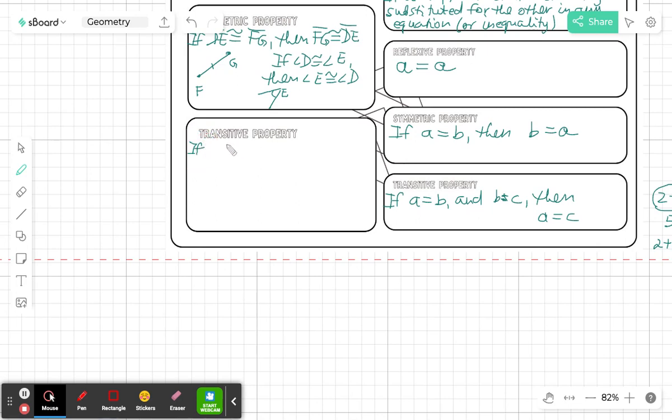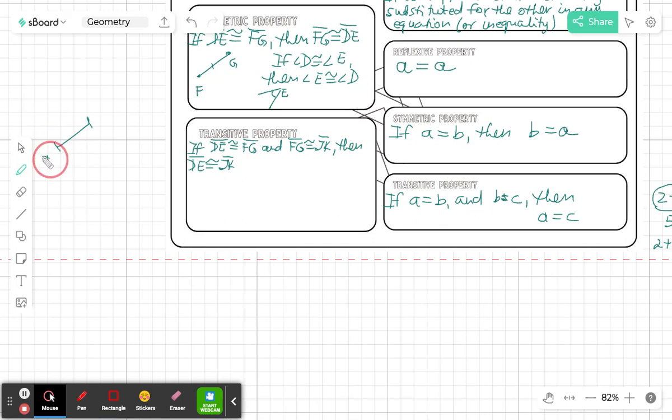I would say if segment DE is congruent to segment FG and segment FG is congruent to segment JK, then I can say that segment DE, the very first one, is congruent to segment JK. And I don't have space here for the diagram, so I'm going to put it on the side.